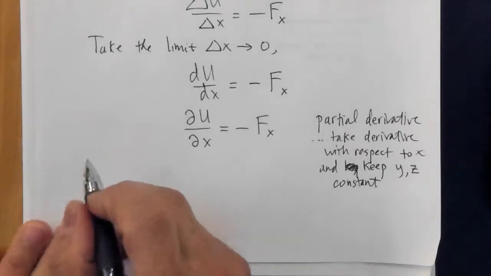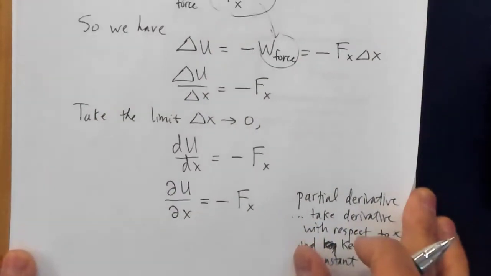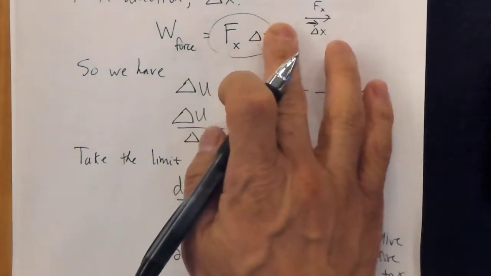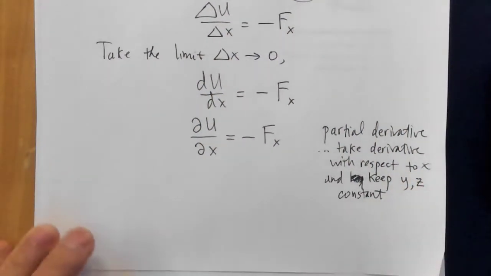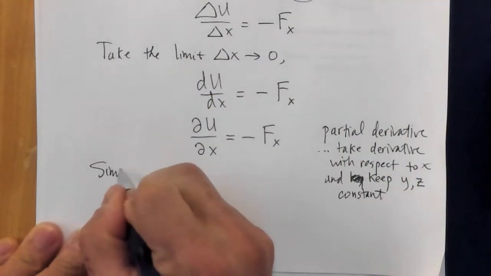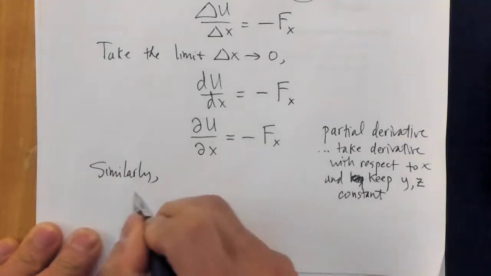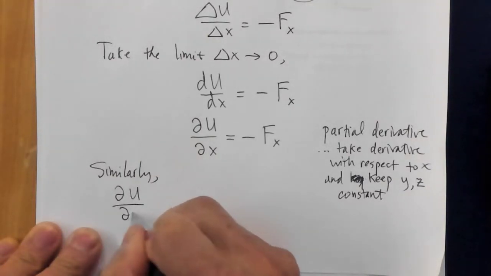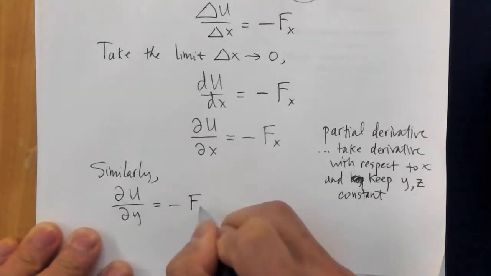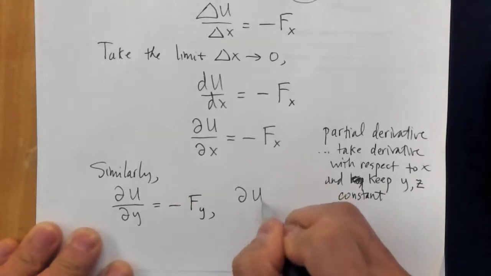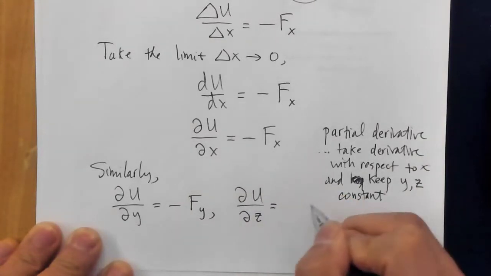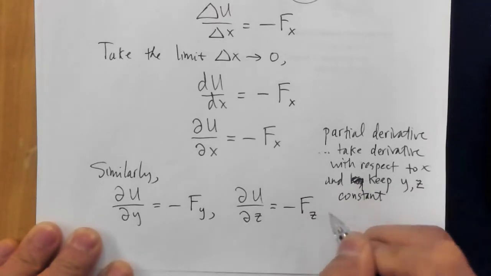So similarly, you can make the same derivation for the y direction and z direction. Then you get similarly dU dy is equal to negative Fy, and then dU dz, if we want it, is negative Fz.